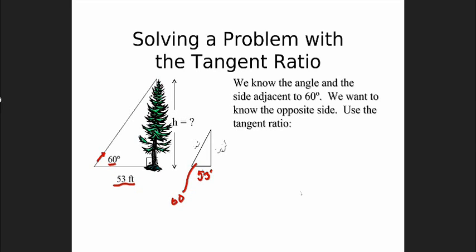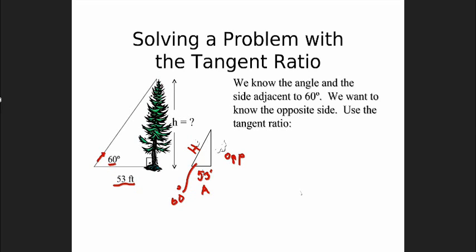We also know, looking from the 60-degree angle mark right there, that this is our opposite side. And we know that the 53 is our adjacent. I'm just going to put down an A so it doesn't get too busy. And I'm going to put an H over here for hypotenuse.